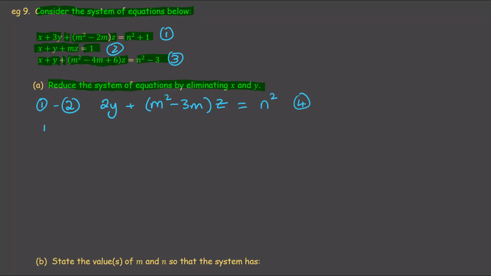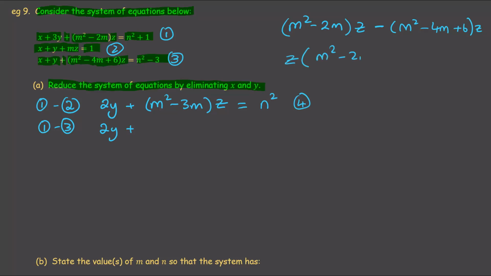Now if I do 1 take away 3, again the x's are going to go. 3y take away y is 2y. And then we've got m squared minus 2m z's take away m squared minus 4m plus 6 z's. So take out the z, and we have m squared minus 2m minus m squared plus 4m minus 6.